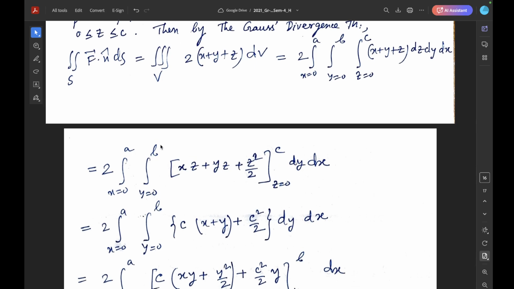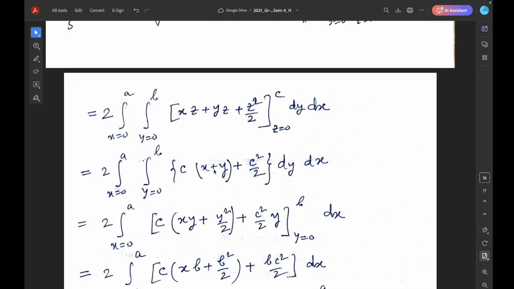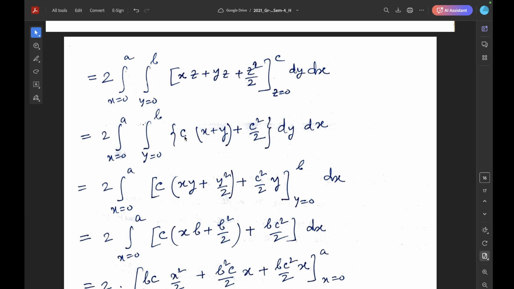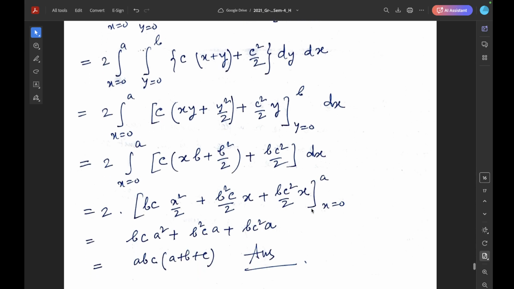First we put z equal to c, so this is xc plus yc plus c square by 2, and minus all 0. Integrating with respect to y, we get c into xy plus y square by 2 plus c square by 2 into y, limits y equal to 0 to b, so put y equal to b first, so xb plus b square by 2 plus bc square by 2, minus all 0.